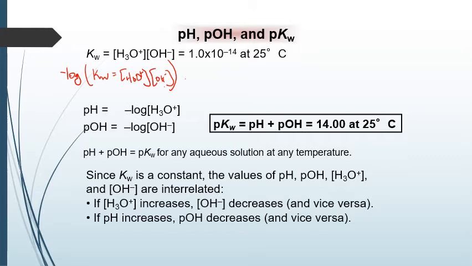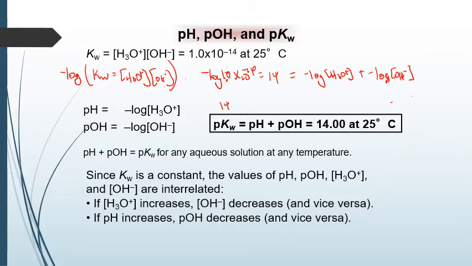So I have the pKw, the negative log of 1.0 times 10 to the negative 14th, which equals 14. By definition, that is equal to the negative log of the H3O plus plus the negative log of the OH minus.